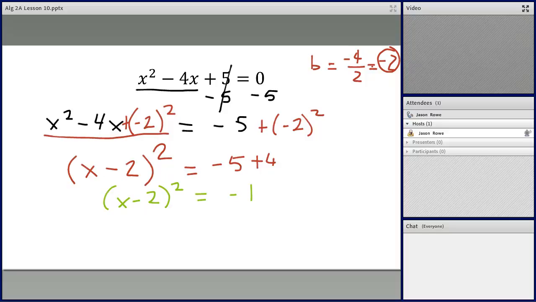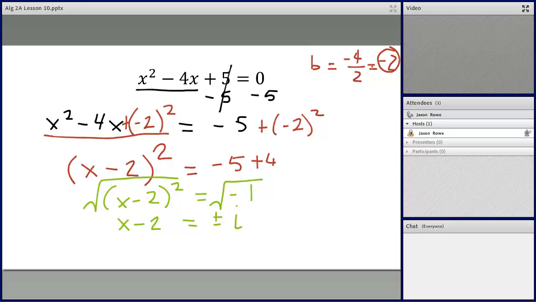So there's 2 more steps left. This is the easy part. We're going to take the square root of each side. The square root of x minus 2 squared is x minus 2. The square root of negative 1 is either positive or negative i.